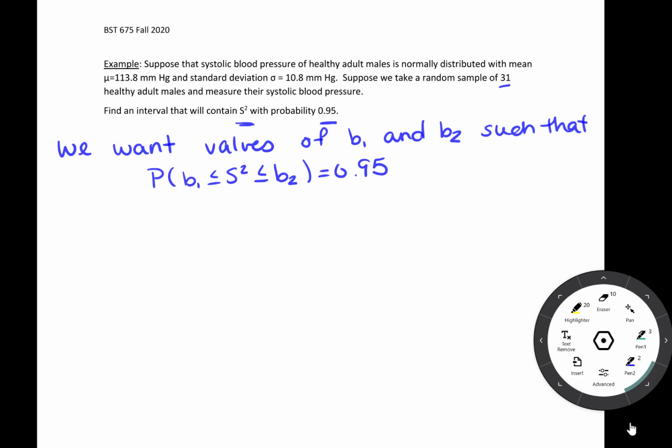So we're trying to find this interval for s squared. And again, we're going to use that theorem that we just saw. So we know the following.